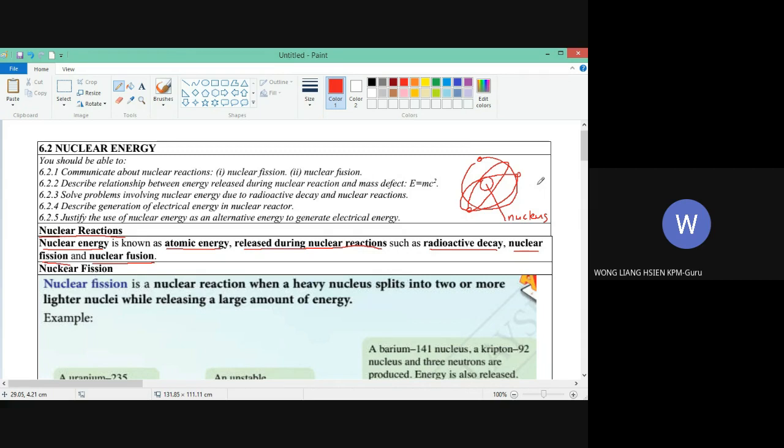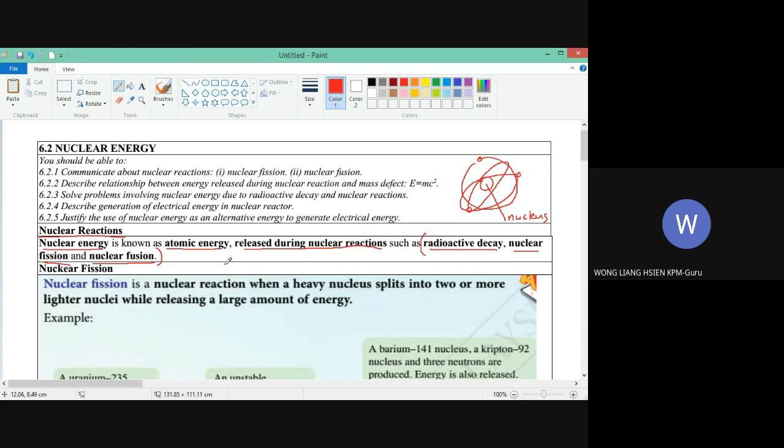Okay, so it says here that it is released during nuclear reaction. Nuclear reactions are radioactive decay, nuclear fission, and nuclear fusion. So these three are nuclear reactions.